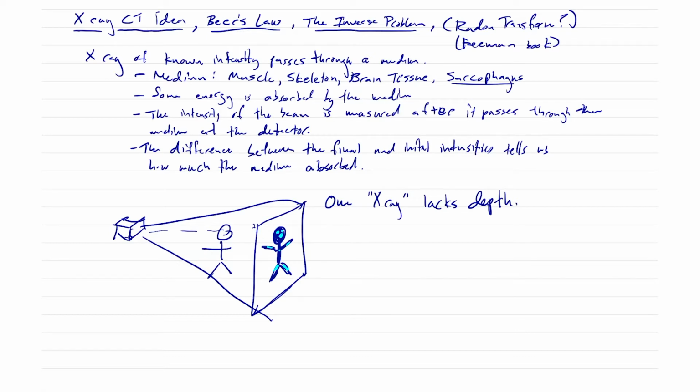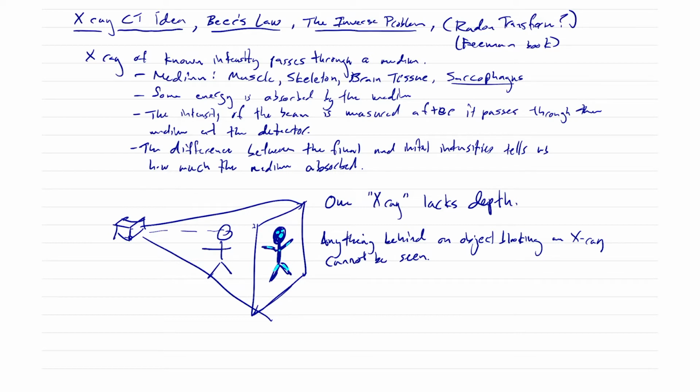So basically anything behind an object blocking an X-ray cannot be seen. It is occluded, if you want.